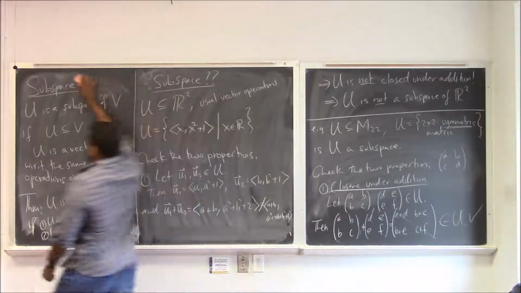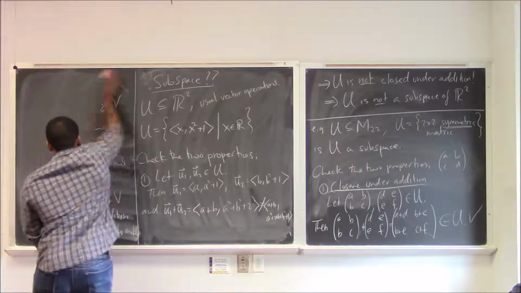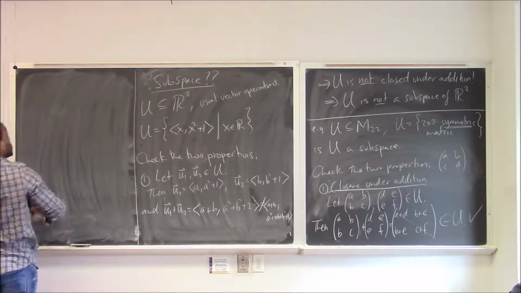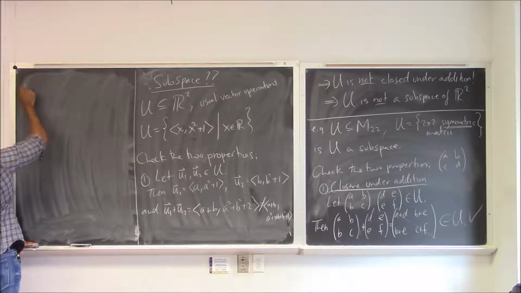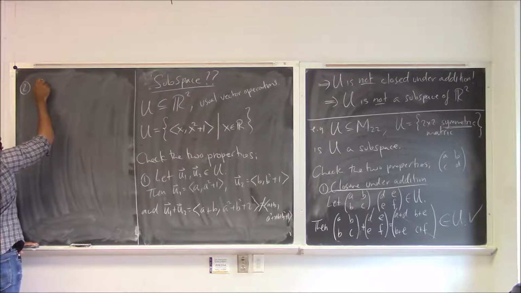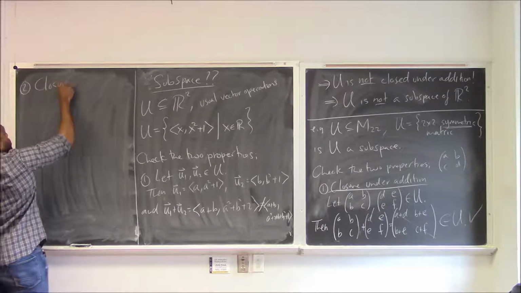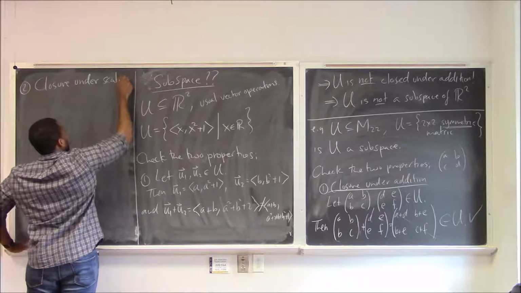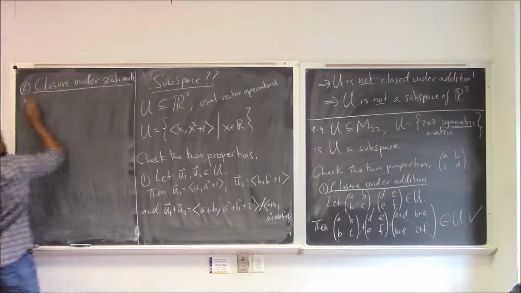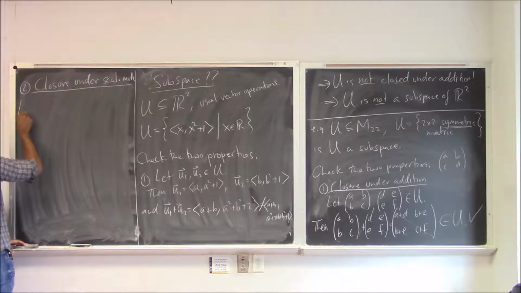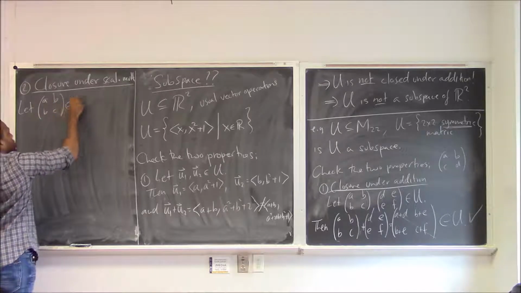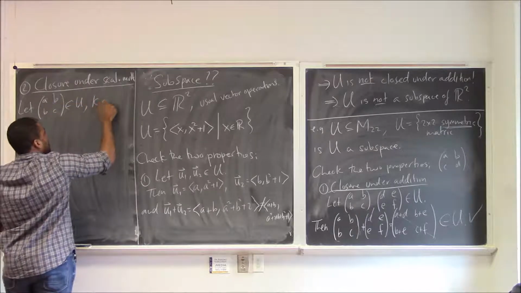Let's look at scalar multiplication. So let's check closure under scalar multiplication. Let [A, B; B, C] be in U and k a scalar.